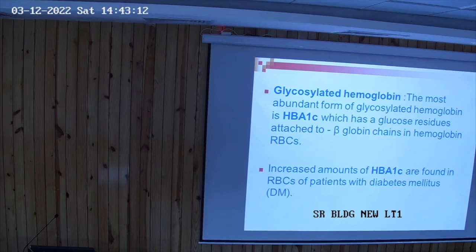This has a special property of binding glucose with the beta chain. Increased amounts of glycated hemoglobin are found in patients with diabetes mellitus. Clear? This is an index for checking diabetes mellitus.